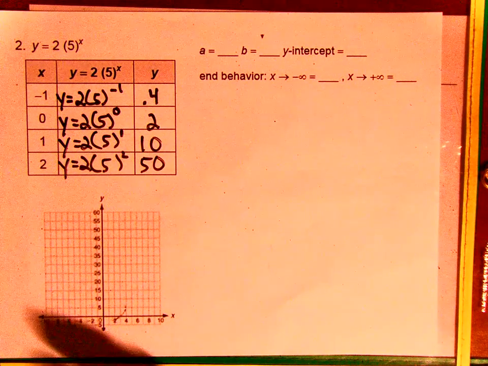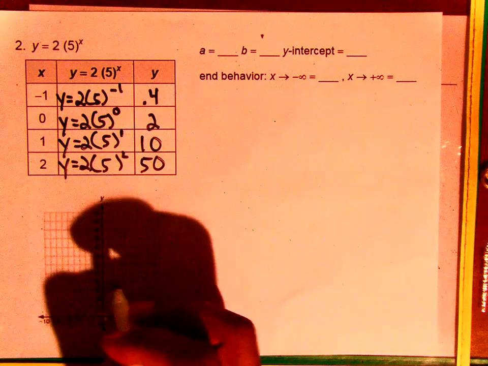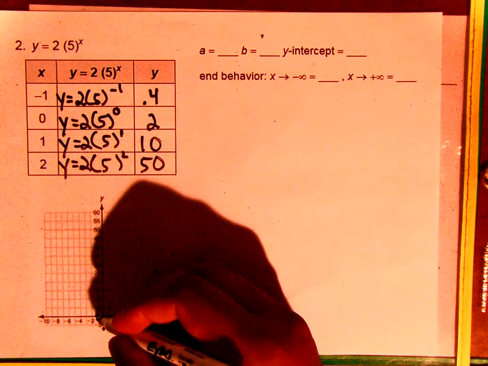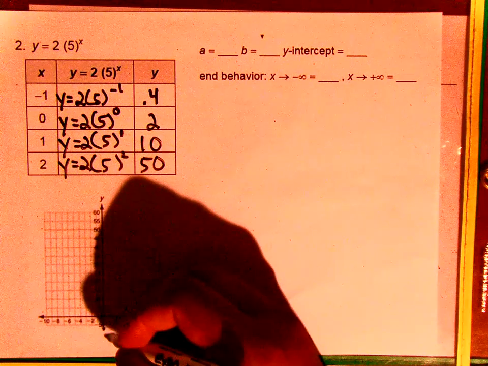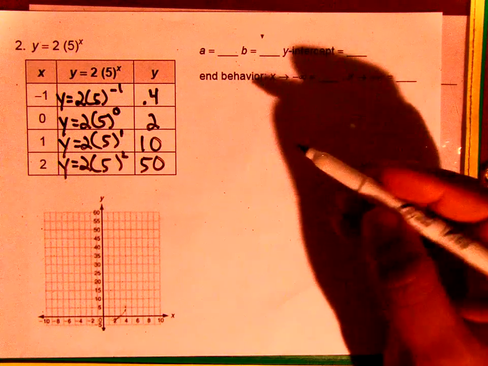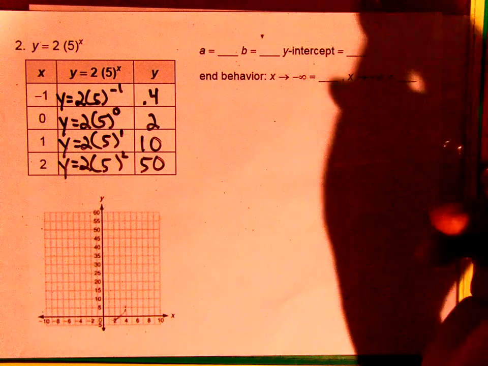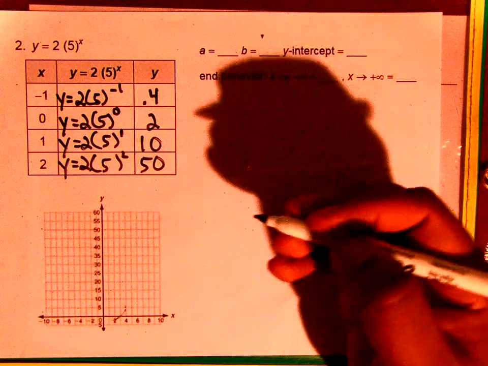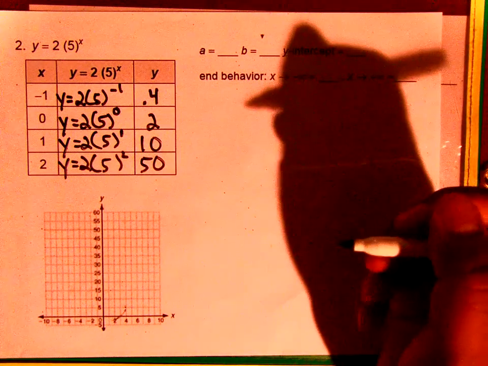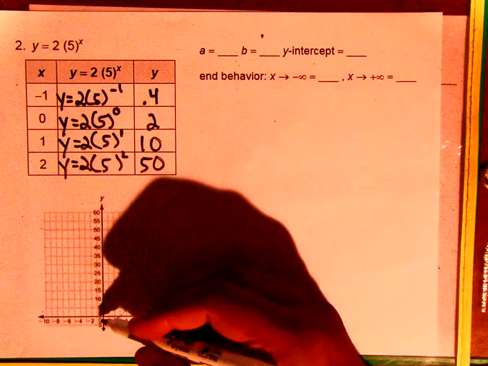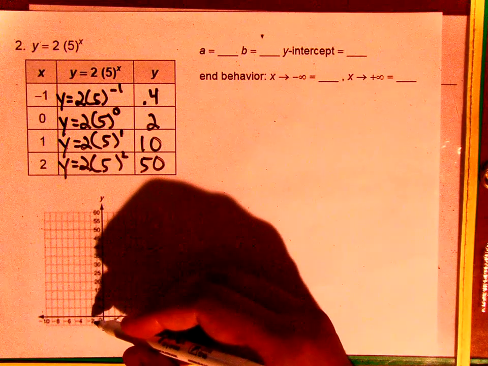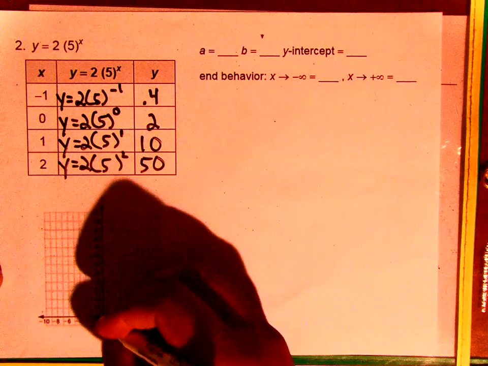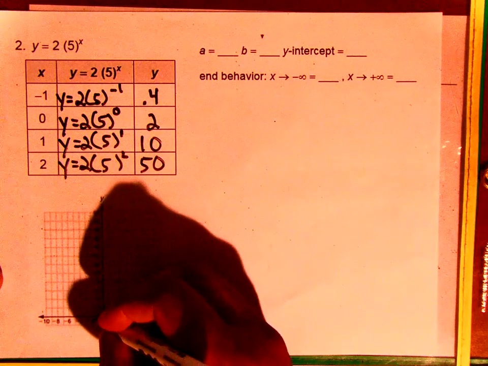Now I'm going to go ahead and graph those points. You go to negative 1 here, and then go up 0.4. If you've got a decimal, the best way to think about it is like money. So 0.4 is like 40 cents. It's almost 50 cents, so it's almost half. And the way this is graphed here, it's going to be really, really small, so the best you can do is put a dot pretty much on the line. So at negative 1, I'm going to put a dot here.